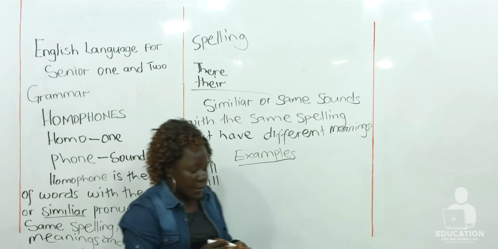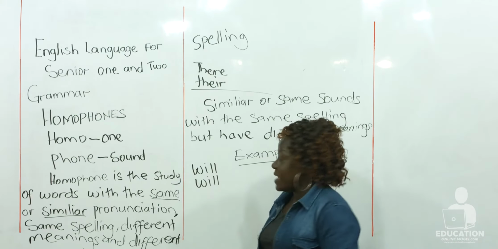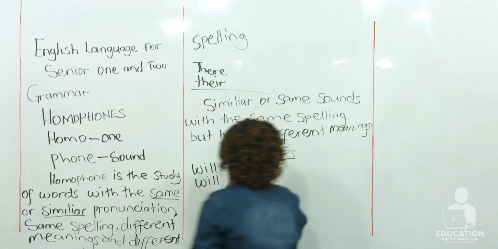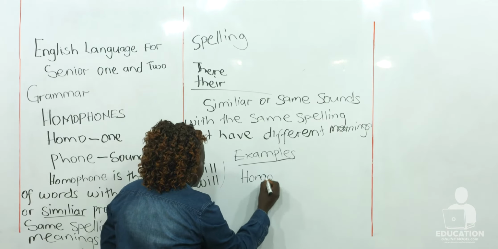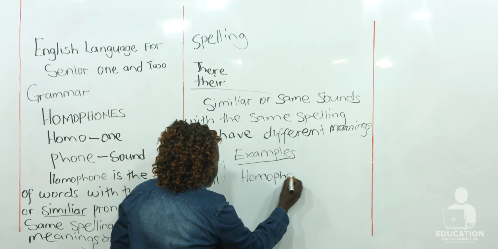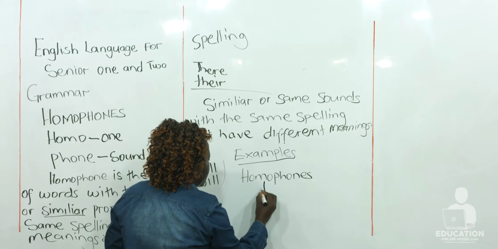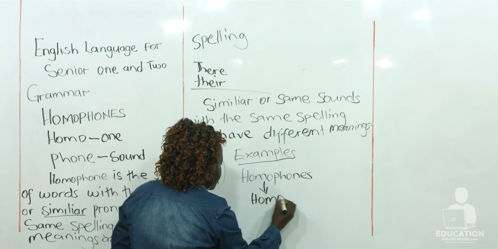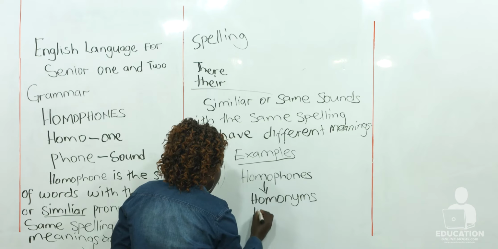Now, today, let us categorize them. There is what we call homophones. Homophones is divided into homonyms and homographs.